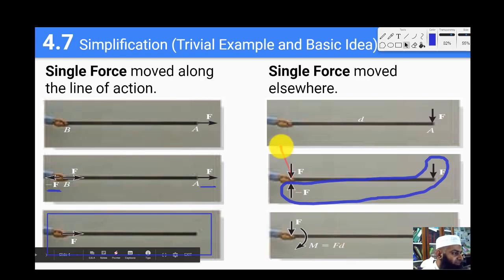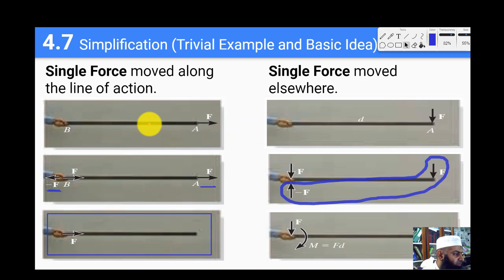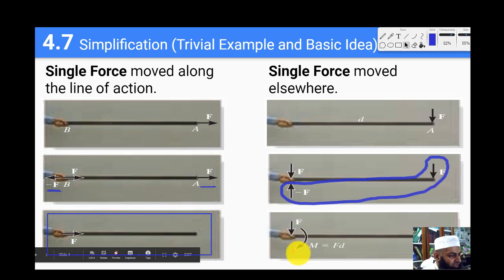So just to recap, whenever we move a force along the line of action of that force, we can just do that and we do not have to worry about any other couple moments. But whenever we move a force in some other direction which is not along the line of action of the force, we have an extra couple moment that we have to worry about.